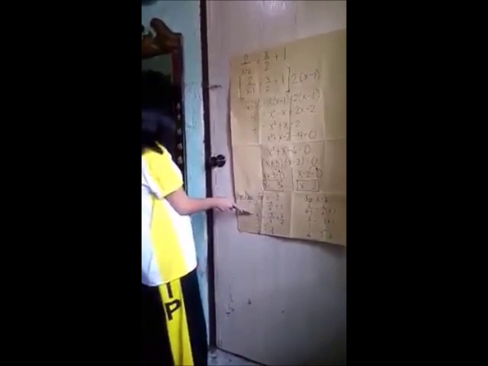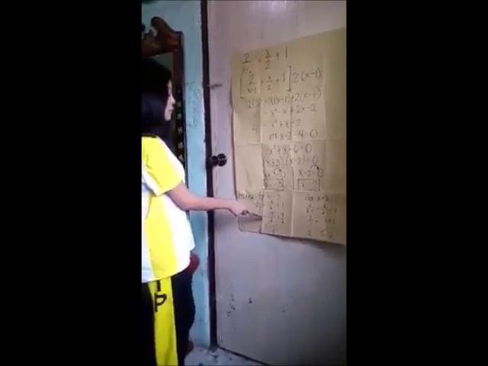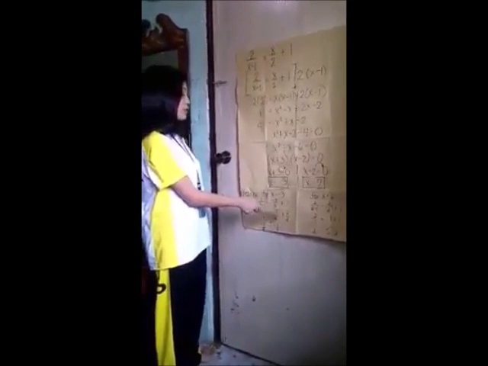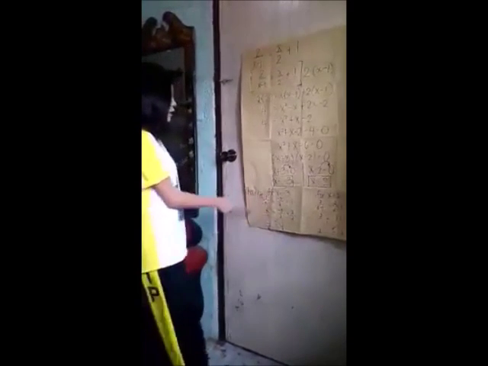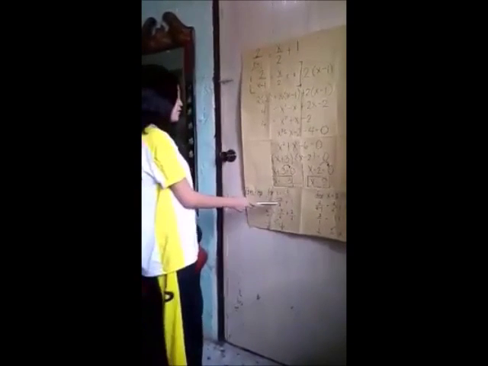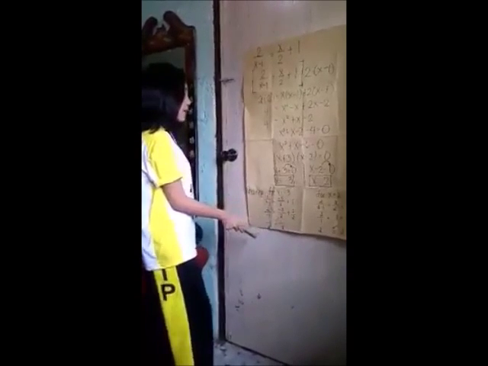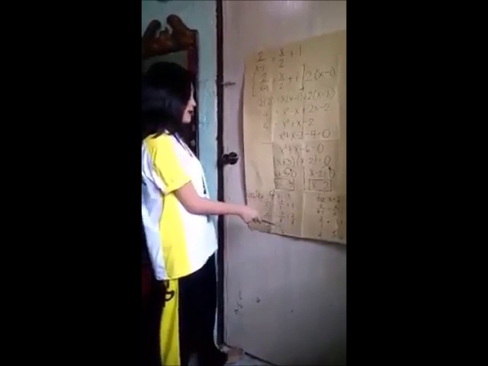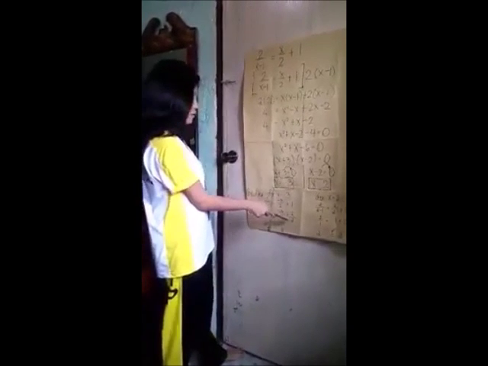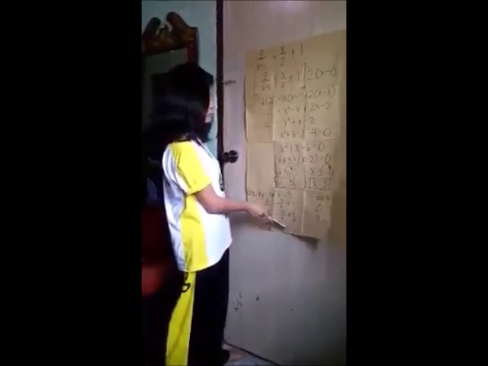Nakikita natin yung 2, tapos negative 3 plus negative 1 is equal to negative 4 is equals to negative 3 over 2 plus 2 over 2. 2 divided by negative 4 is equal to negative 1/2. Tapos, negative 3 plus 2 is equal to negative 1. Tapos, yung denominator, kakopy lang natin siya, kaya magiging 2.